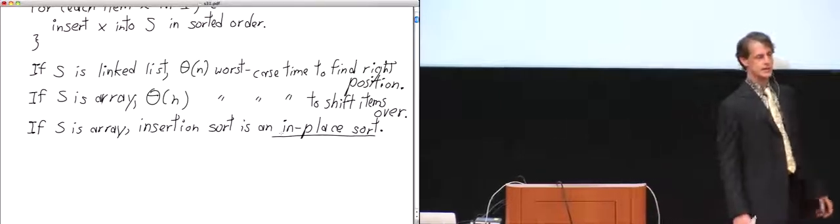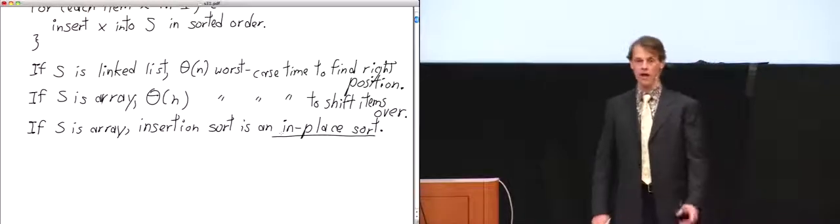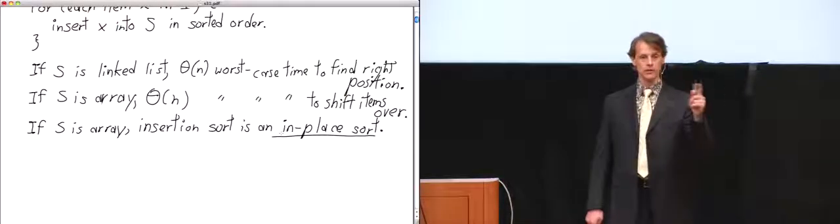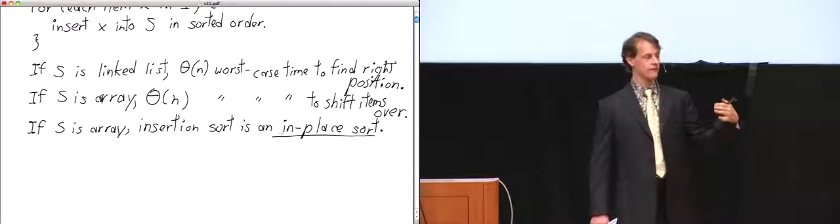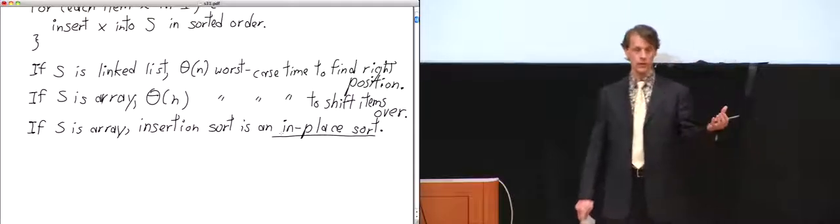so what I just said is that it's an in-place sort. What that means is that if I give you an array, you can do all of the sorting in that array, like swapping around numbers in the array, without having a lot of extra workspace. You do not need a linear amount of additional working space to do the sorting in.